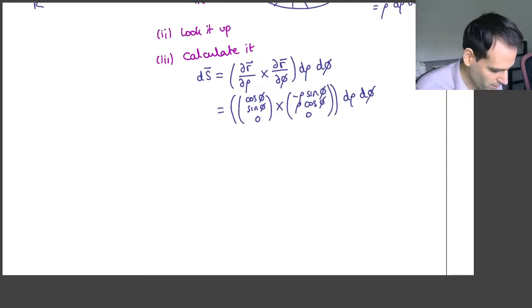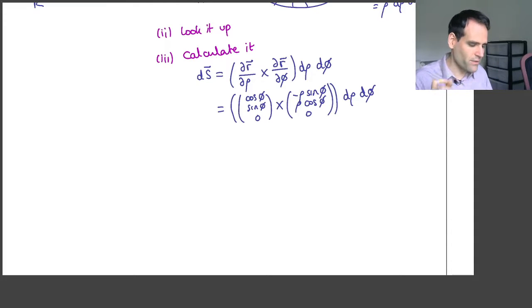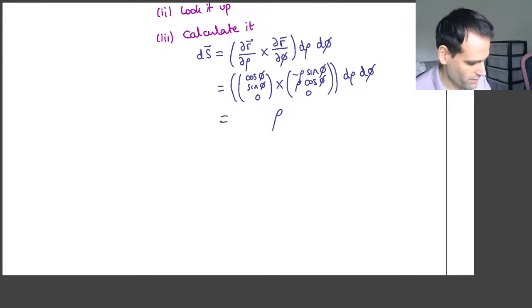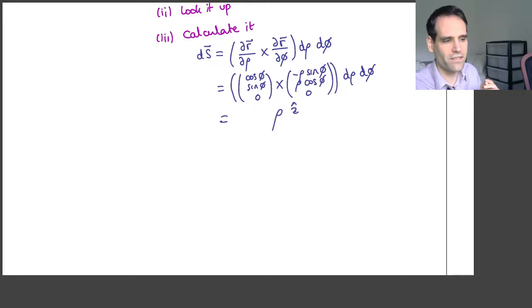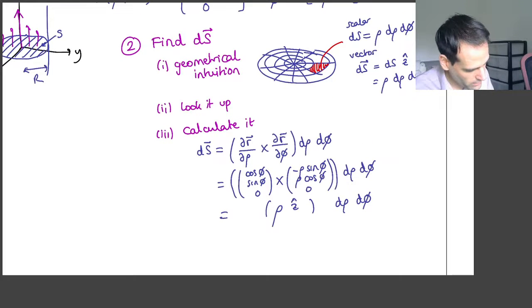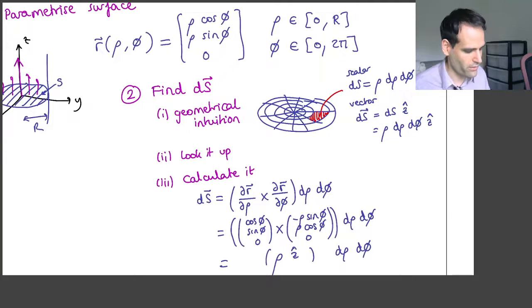I'm not going to do it, but you can see that you will get the typical sine squared plus cosine squared equals 1, and eventually you will get that this is equal to rho in the z hat direction, plus 0 in the x hat and plus 0 in the y hat direction, times d rho d phi, which brings you to exactly the same ds vector as we found with the other two methods.